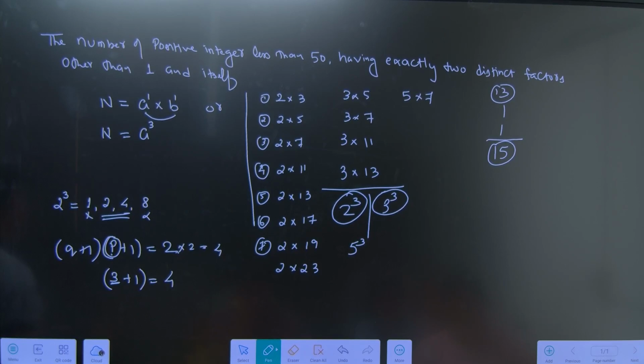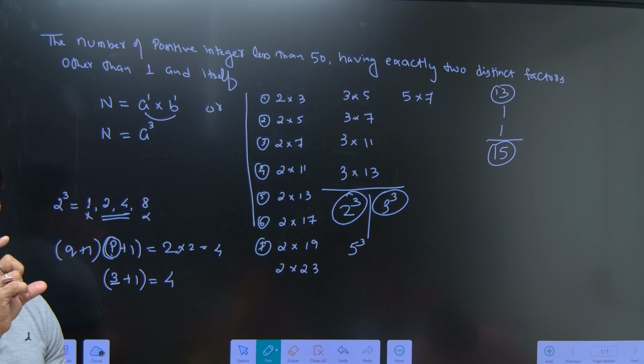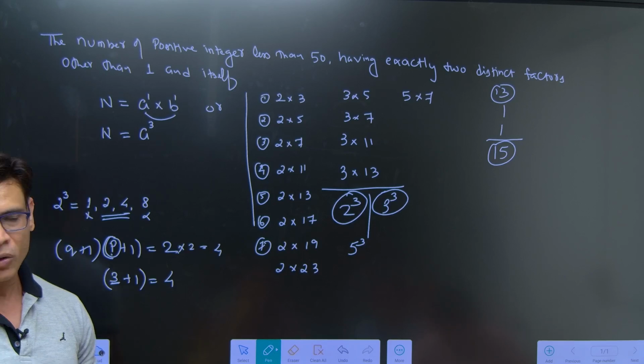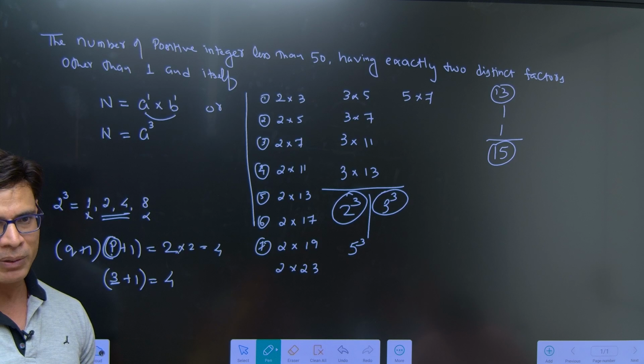When you multiply only 2 primes, only then it will have 4 factors. Take any other number, it will have more than 4 factors. Multiply one prime with a second prime, both raised to the power 1. Or you take 2 cube or you take 3 cube. You cannot take 5 cube because the number should be less than 50.